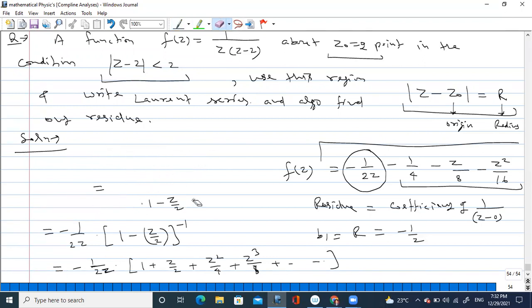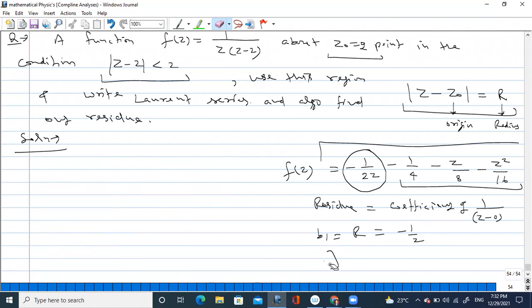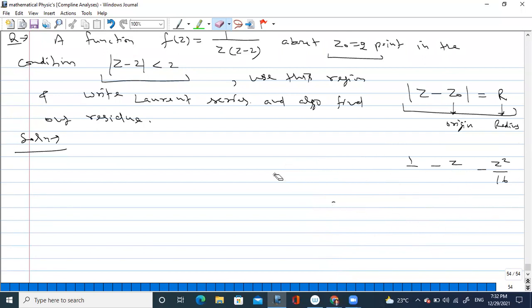What will be your radius? Radius is the same, 2. But the center is 2.